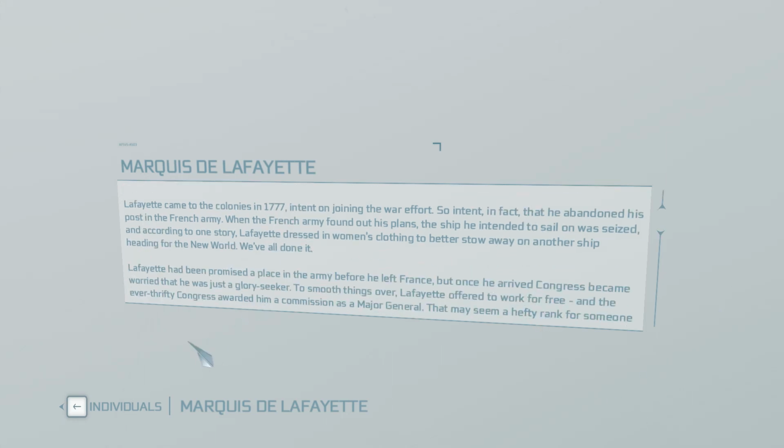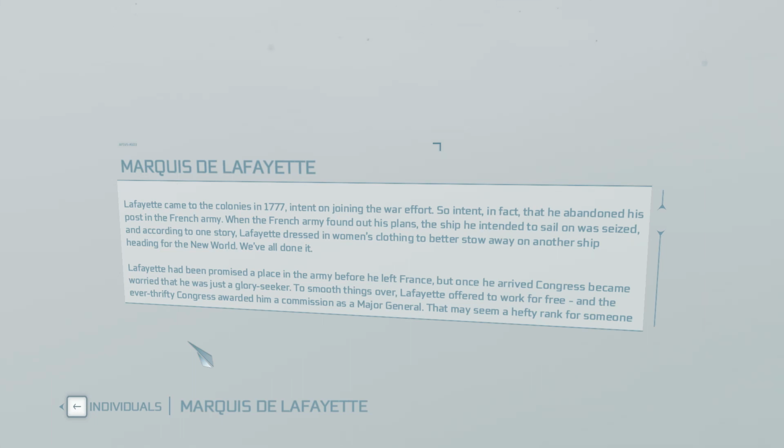Lafayette had been promised a place in the army before he left France, but once he arrived, Congress became worried that he was just a glory seeker. To smooth things over, Lafayette offered to work for free, and the ever thrifty Congress awarded him a commission as Major General.